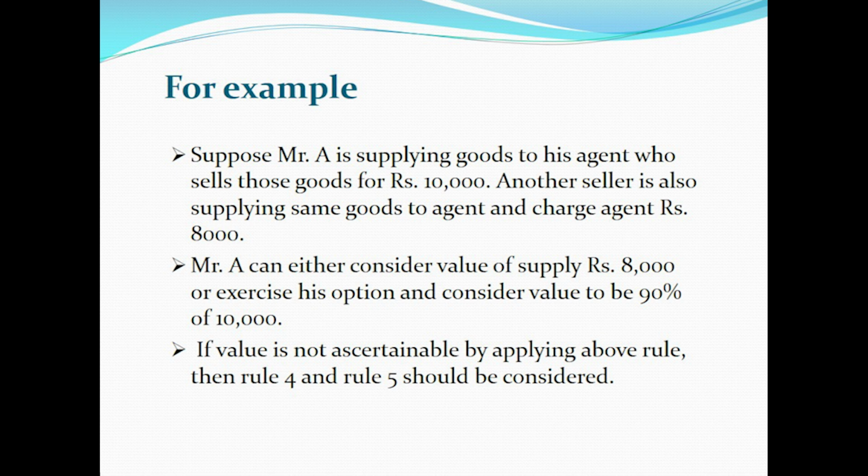And suppose it is not possible to calculate the taxable value by the second option, or the value is not ascertainable by applying the above rule, then rule 5 and rule 4 will be considered. Now, what is this rule 4?